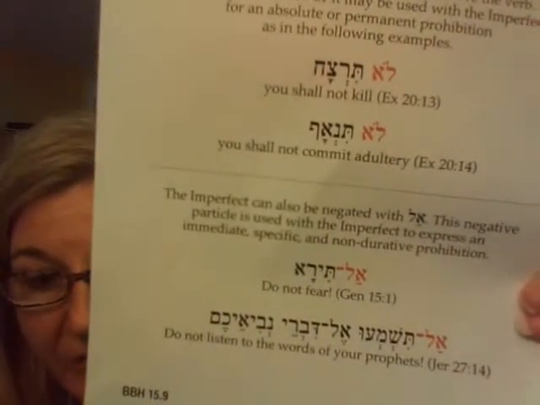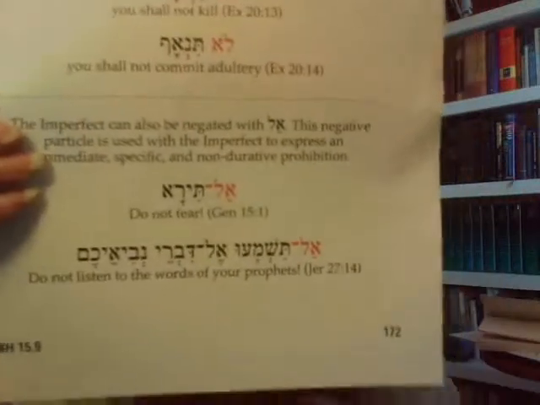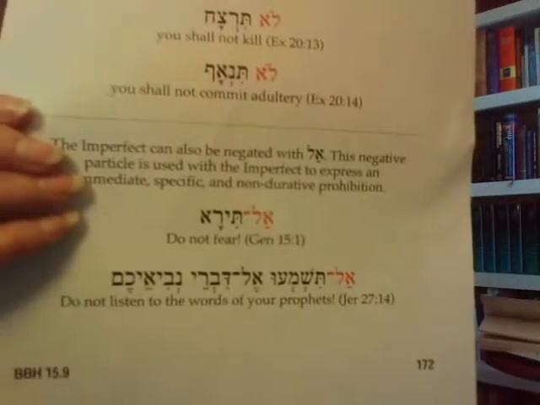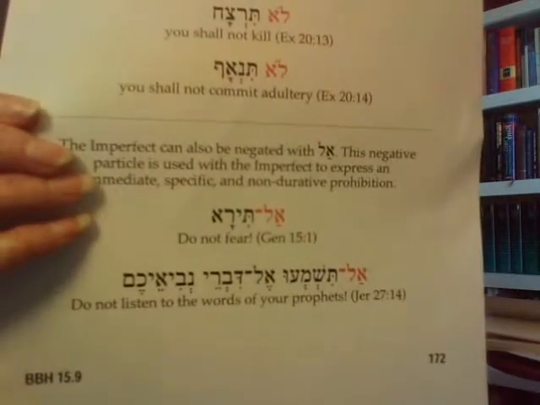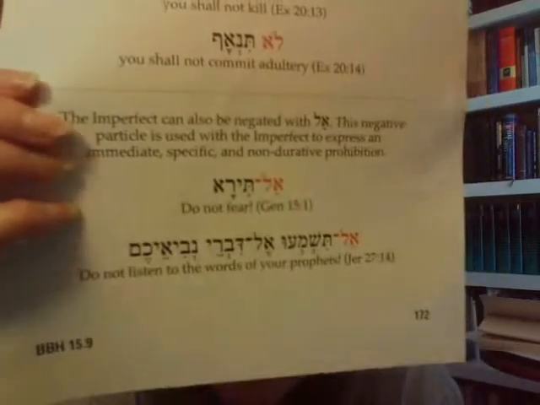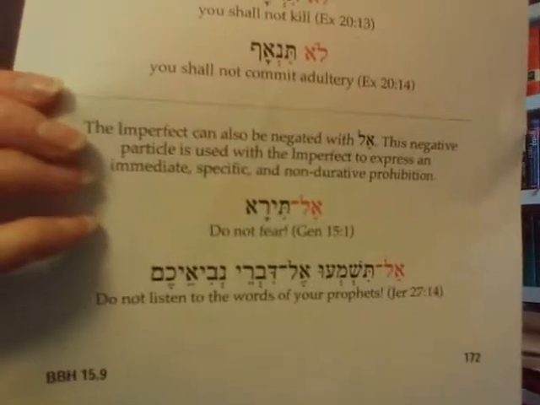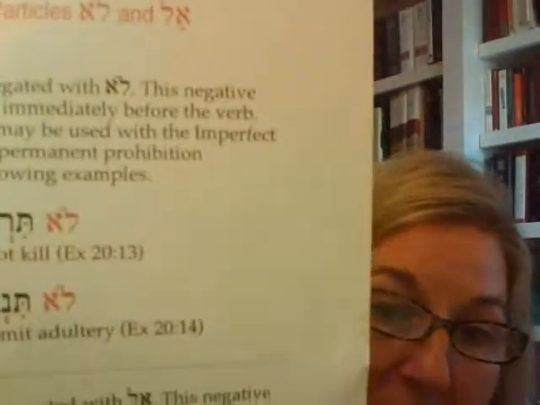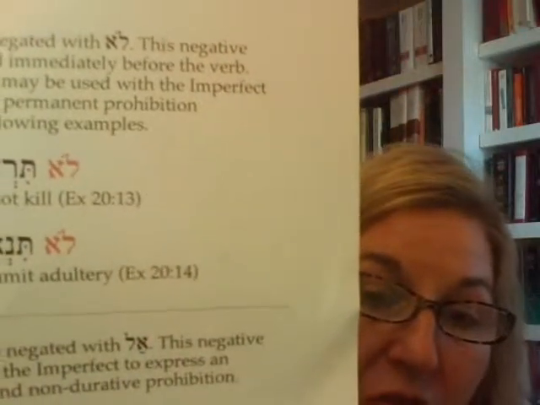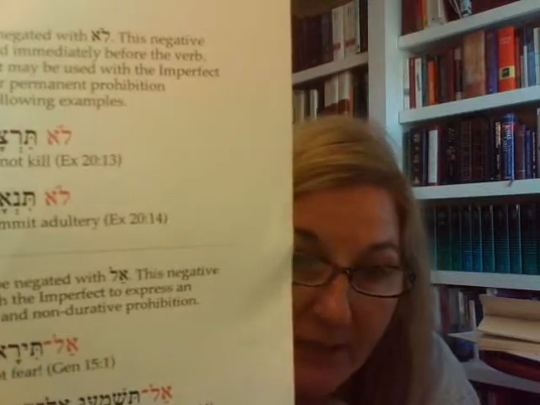Do not listen to the words of your prophets. Now, of course, we know that it's going to be right to listen to the words of the prophets in some cases or situations. But in this moment, in this specific situation, do not listen to the words of your prophets. So when you see lo, you know that lo is going to indicate permanent or enduring: never kill, never commit adultery.